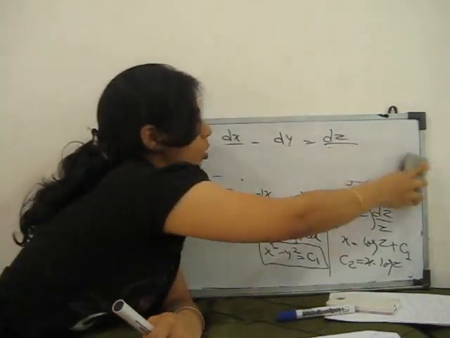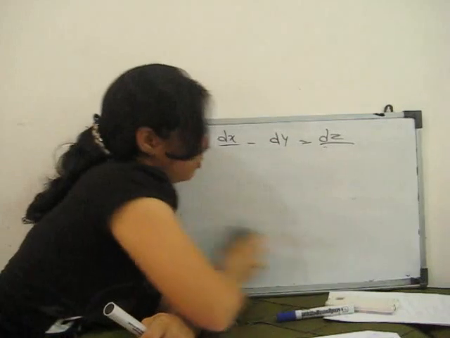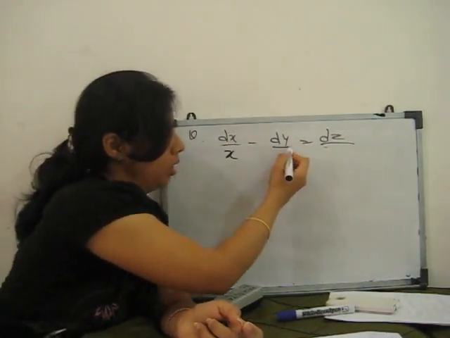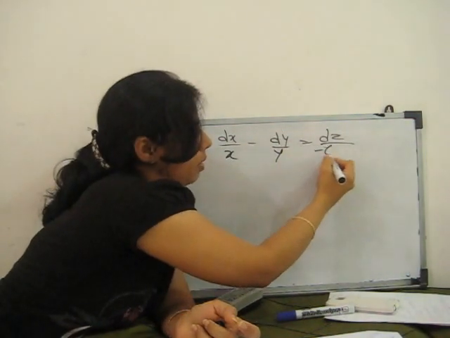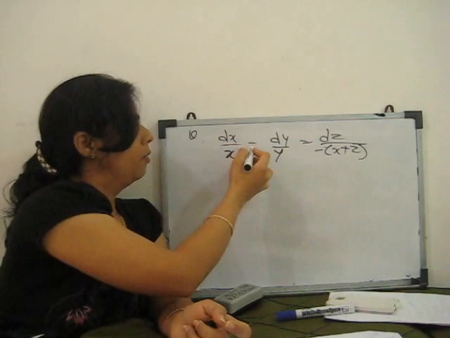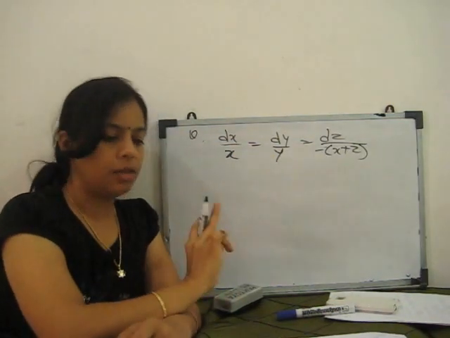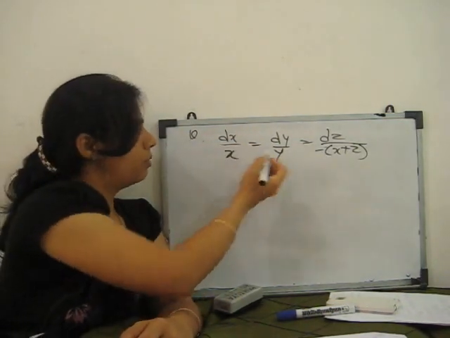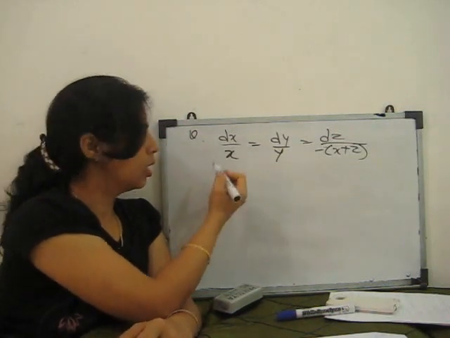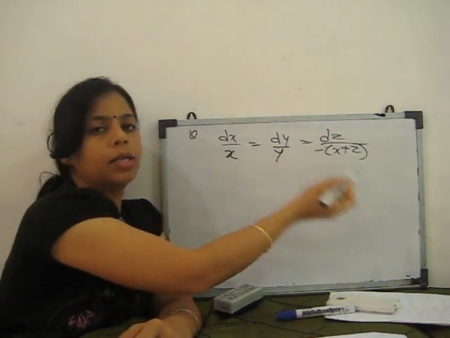So one more example. Suppose we have dx by x, dy by y, dz by minus x plus z. In this case, with first and second, we can easily find one constant. When we integrate, dx by x is log x equal to log y plus log c1.